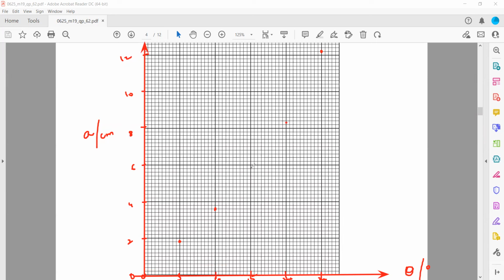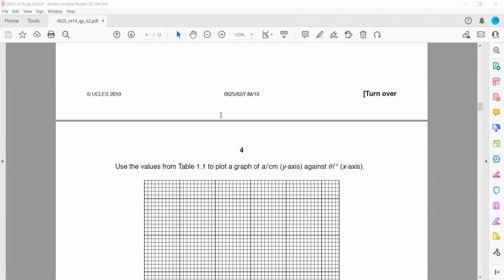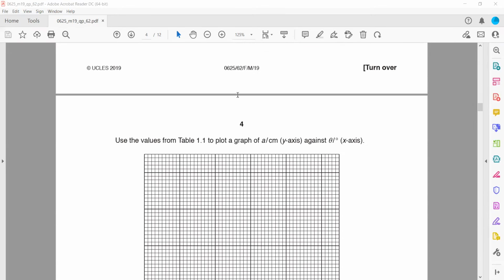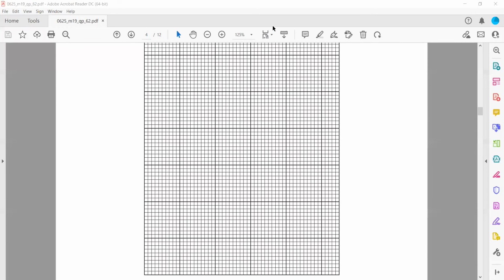So this will be 5.7 here. Then 8.3 and 12.2. So 8.3 is there, and then the last one is 12.2. So these are the points which we have.